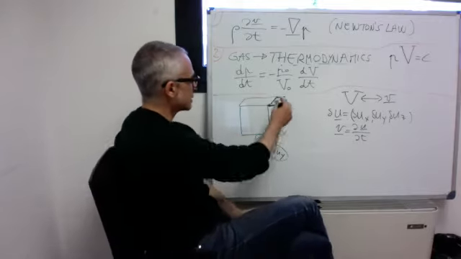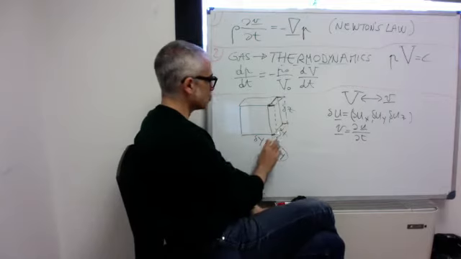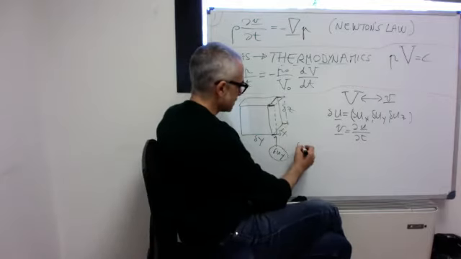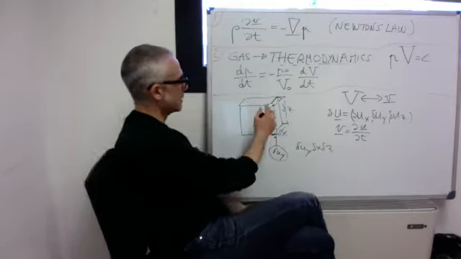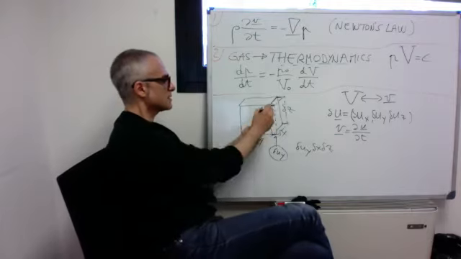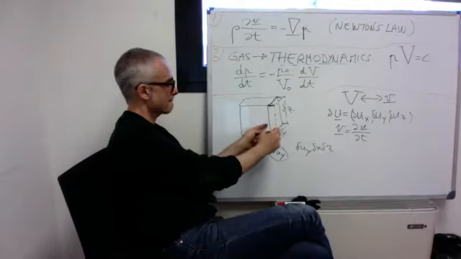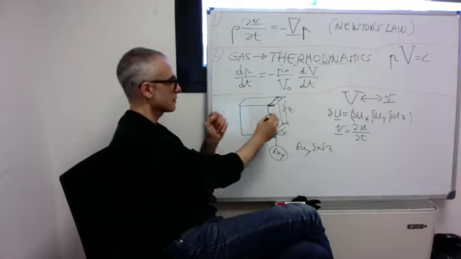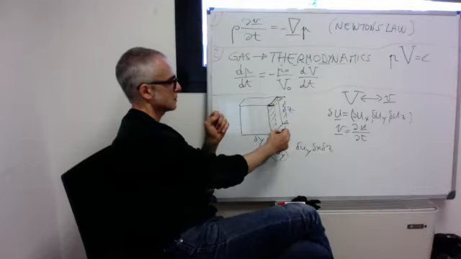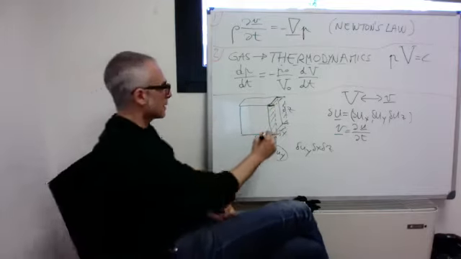So then the change in volume due to this displacement is delta uy times delta x times delta z. If the volume of this little parallelepiped here, just the dashed parallelepiped.